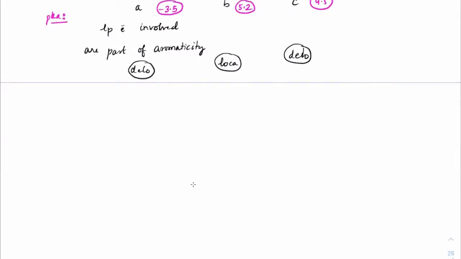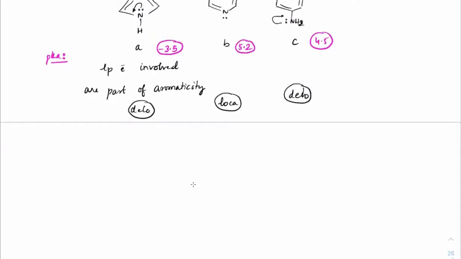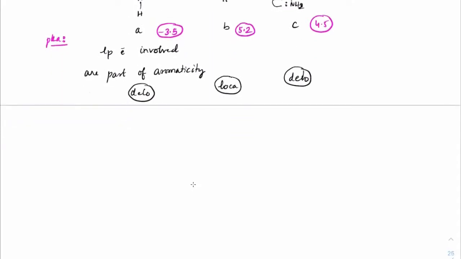Now let us try to understand what exactly is the problem with this pyrrole, that it is showcasing such a low value of pKa. What would happen in the protonation? Here the nitrogen is present like this, and this lone pair is hardly available for accepting H plus. If there is any incoming H plus, then this lone pair is not available directly to accept it. In fact, that lone pair is completely involved in resonance.